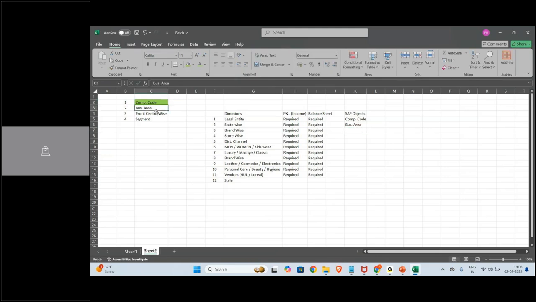So business area is gone. These days, the income tax department is asking for state-wise balance sheet also, right? Business area, SAP has been saying do not use business area. They are not going to invest in business area. But there are a lot of projects. Even this year, I have handled multiple projects where clients themselves have gone ahead and used business area, right?